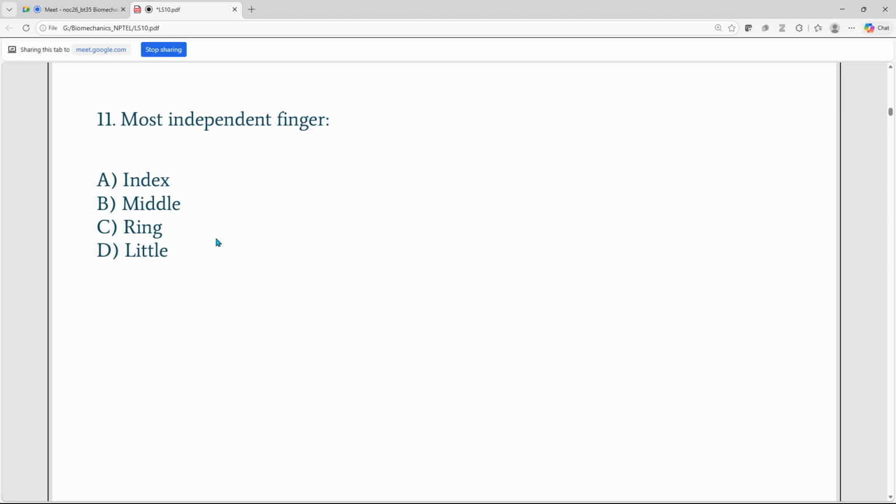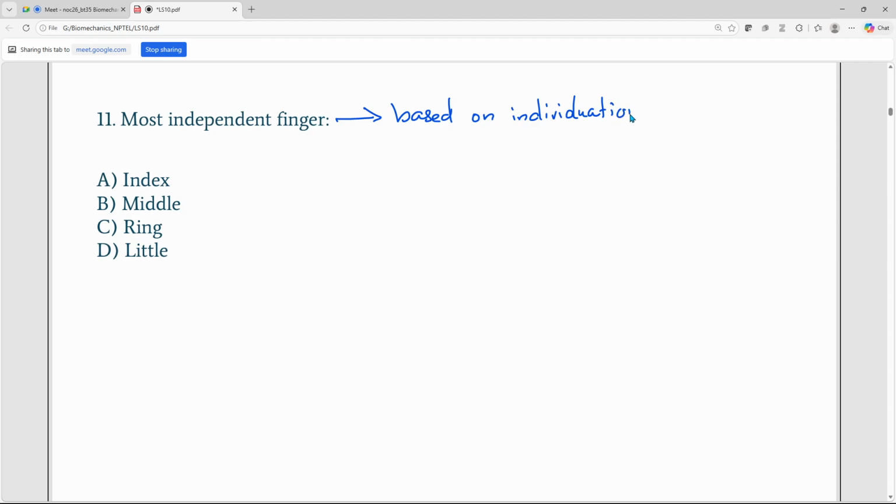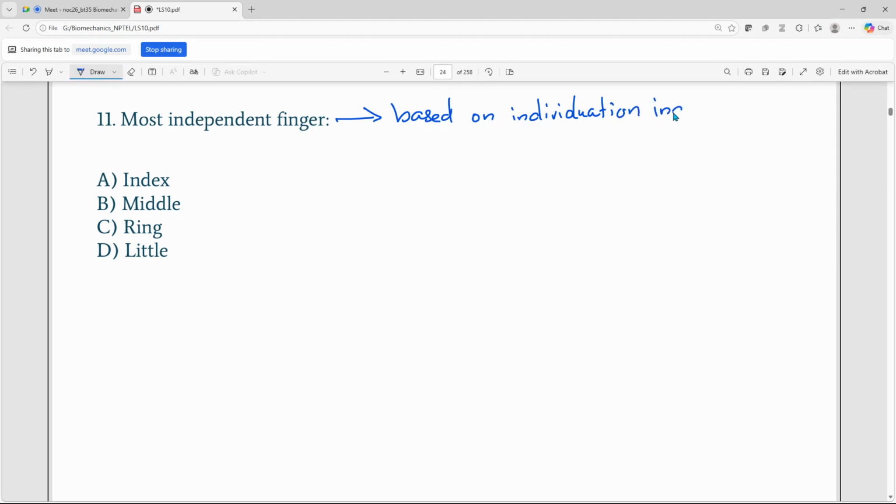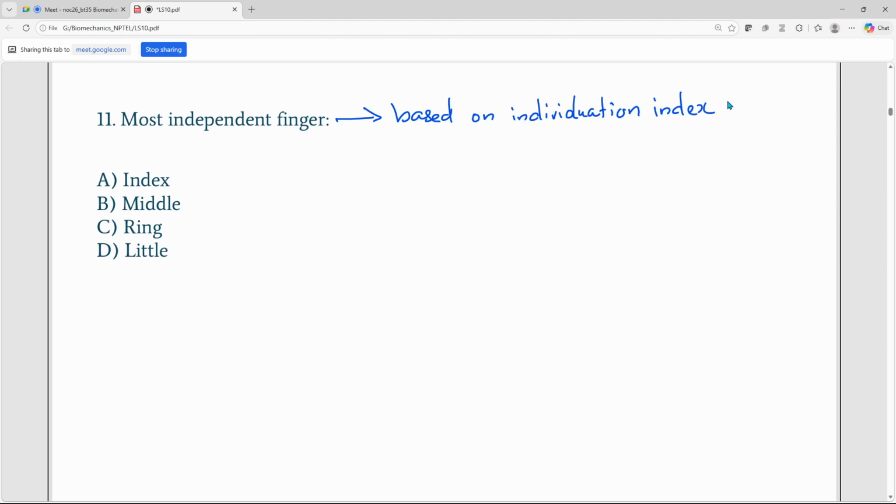So, based on the individuation index, which finger was found to be the most independent?